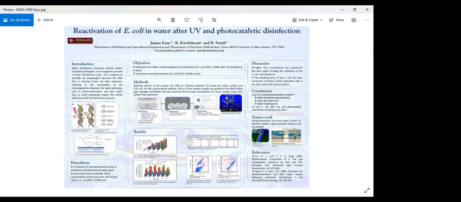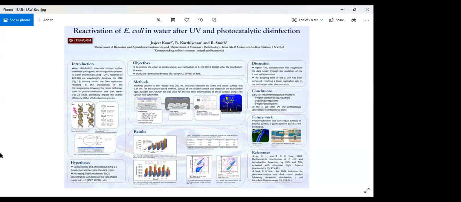For example, E. coli in this case: once the DNA has been damaged, the bacteria cannot divide into two. This is because the DNA has been damaged so much that right copies of DNA cannot be transferred from one generation to another. That is why the cell decides to go into cell death or apoptosis, and finally the cell dies. So this is how ultraviolet light works.